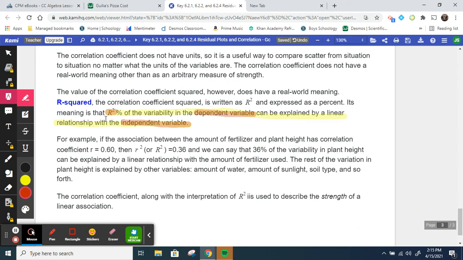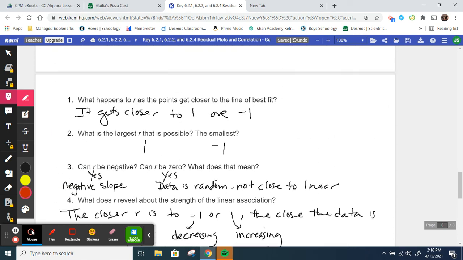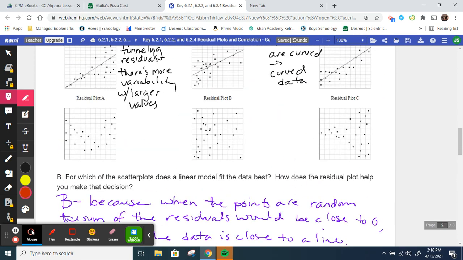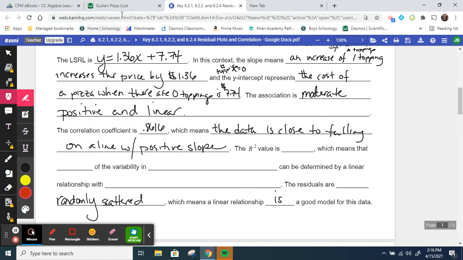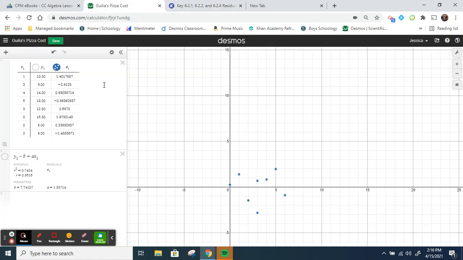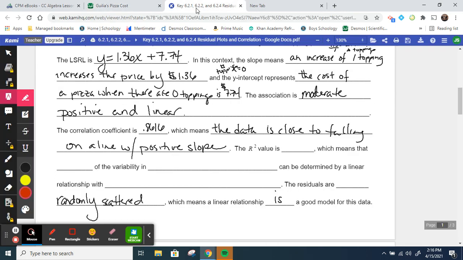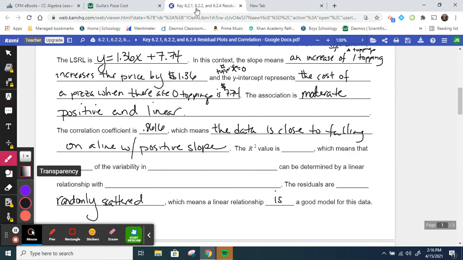So the correlation coefficient along with the interpretation of R squared is useful in describing the strength of a linear association. It just gives us more details that we can give when we have a set of data. If we look back at Julia, her R squared value is 0.7424, which is what you get when you square this value.